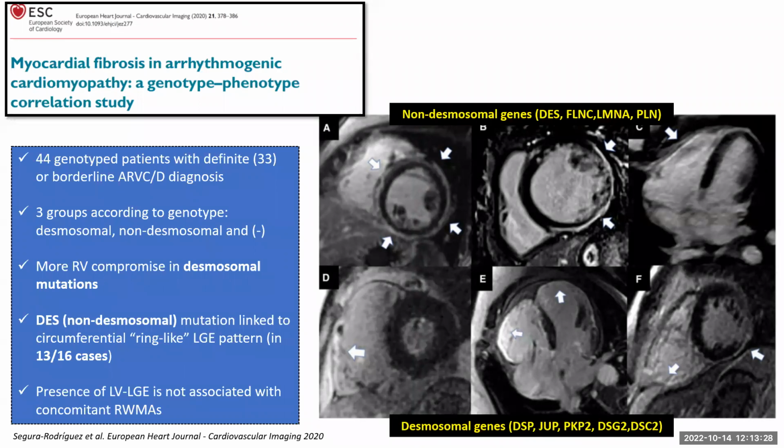They reported more right ventricular involvement with desmosomal mutations, but this time, the most commonly associated ring-like appearance was with desmin, which is a non-desmosomal gene which codes for an intermediate filament with a key role in the cardiac muscle. They also noted, as shown in the previous paper, that the presence of LGE was not associated with concomitant wall motion abnormalities, and this could be explained by the common sparing of the endocardial fibers.